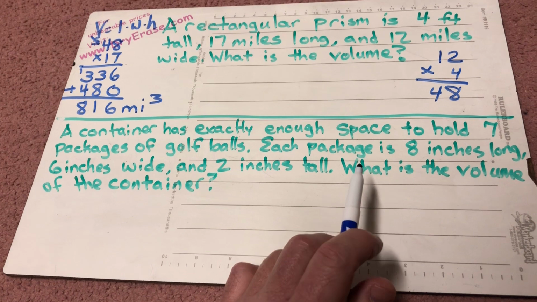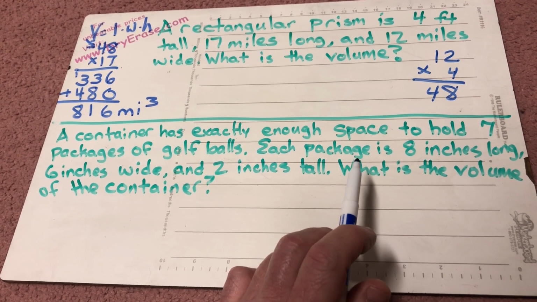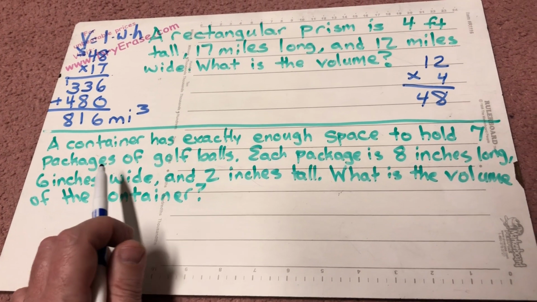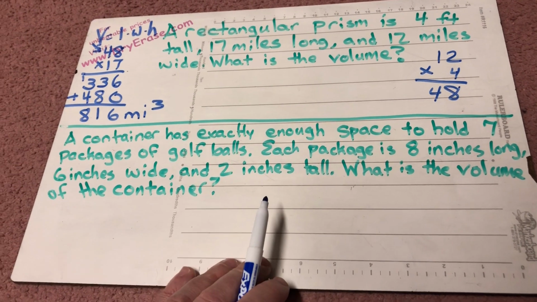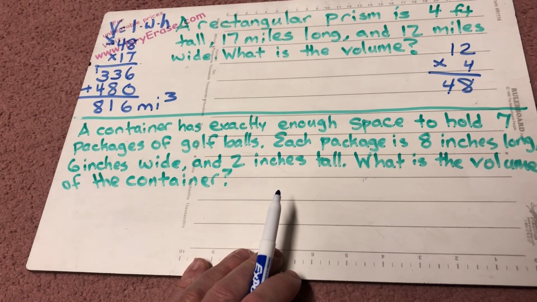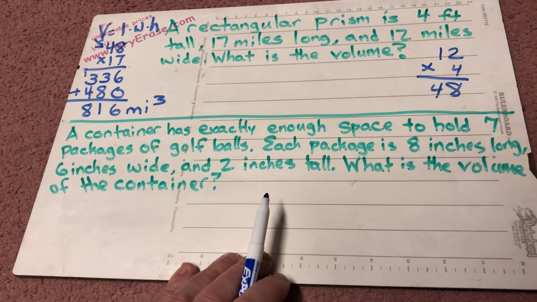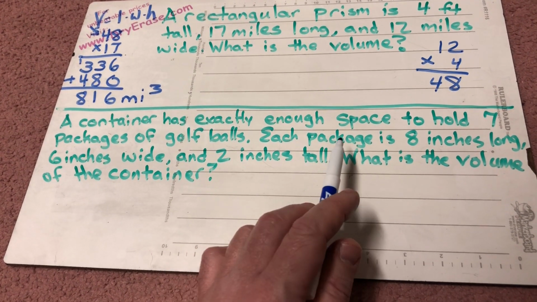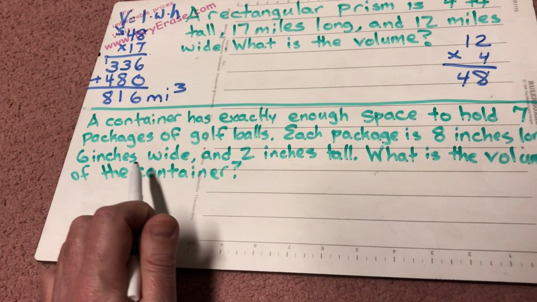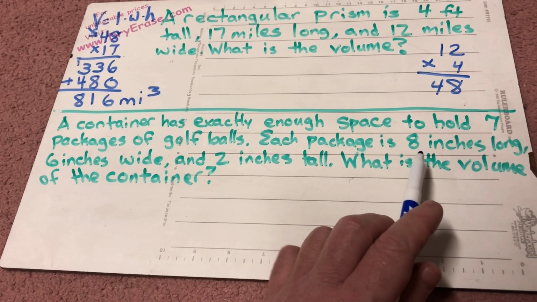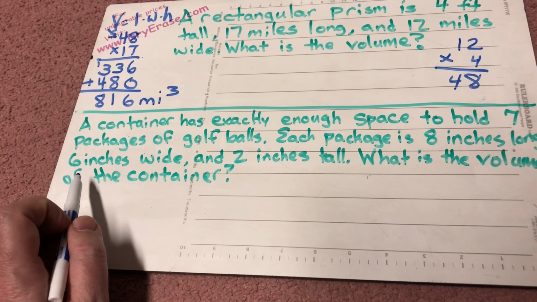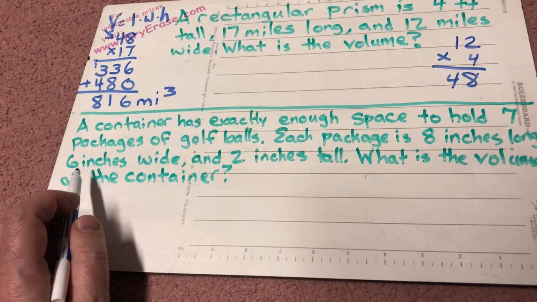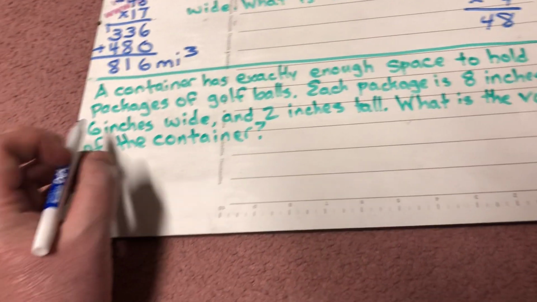Then it gives us the dimensions of each package, which is 8 inches long, 6 inches wide, and 2 inches tall. So that tells me that first we're going to need to figure out the volume of each individual package. So if the package is 8 inches long, 6 inches wide, and 2 inches tall, I know that 8 times 6 is 48. Then I would have to do 48 times 2.